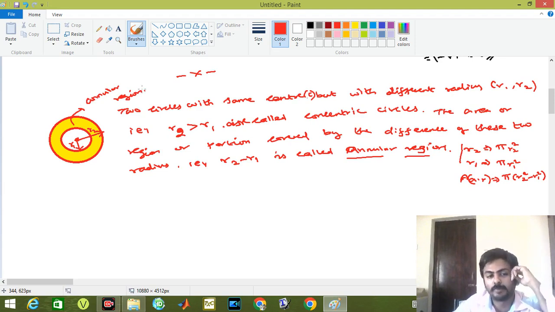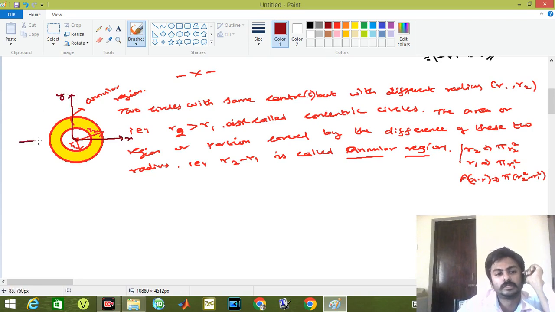For this type of problems we are going to transform the variables from Cartesian to polar coordinates. For that we have to take the axis lines. This will be our x-axis, this will be our y-axis, this will be our x dash and this will be our y dash.